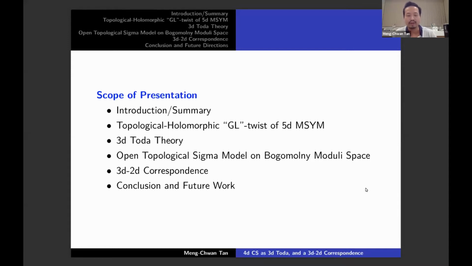twisted theory, you get the 4D GL twist that's completely topological in all 4 directions.